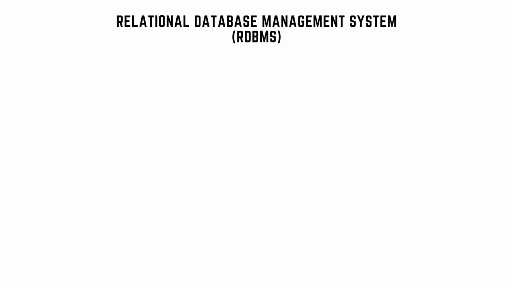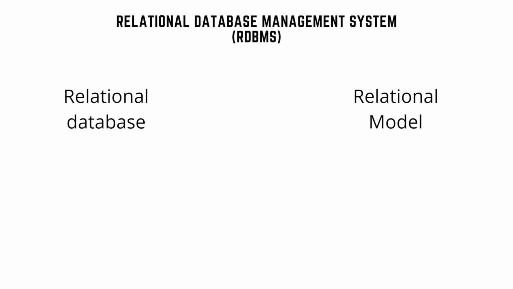We have the second term, which is relational database management system, also known as RDBMS. Of course, this term is very big, so it consists of two parts: relational database, and second, management system. So first, let's understand what a relational database is. A relational database is a database that follows the relational model. What is a relational model?